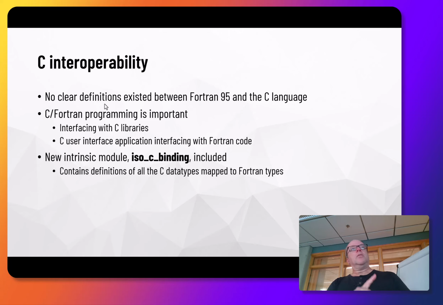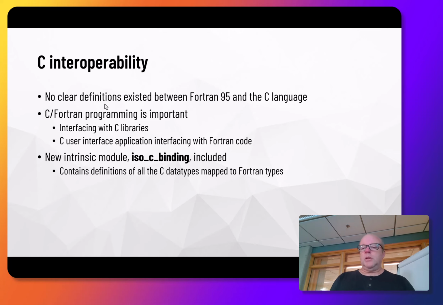This one is important, I think. This has always been a problem with Fortran, that there was no real clear distinction between the data types in Fortran and C. And C in a Fortran program is kind of important. You often mix these languages together. You mix Python and Fortran, and Python is implemented in C, so C in Fortran is important. There is a new built-in module called ISO-C binding.